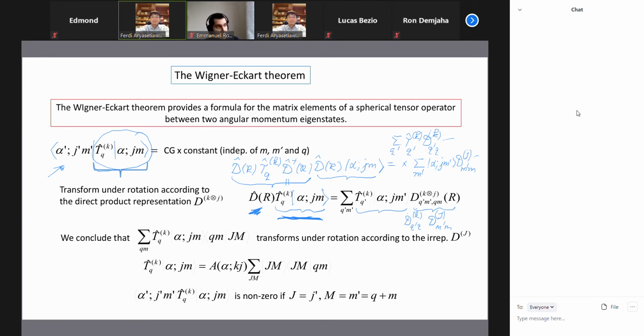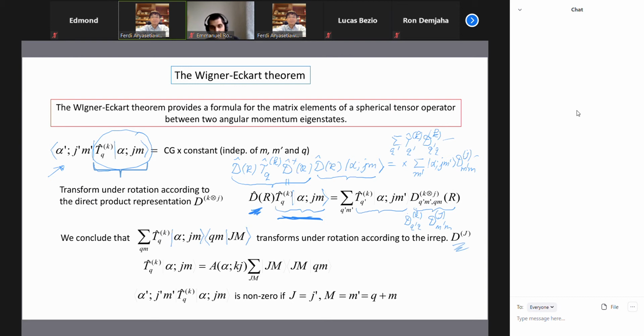So we can conclude, in the same way as we did before, that this quantity here transforms under rotation according to the irreducible representation d^J.